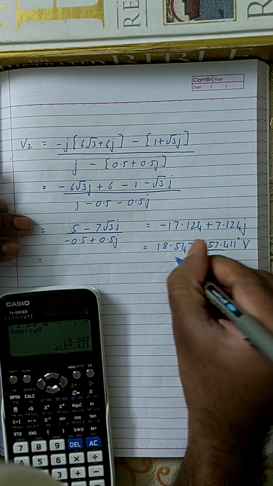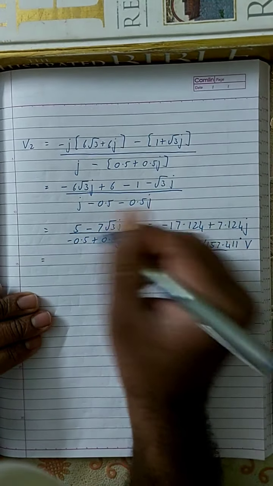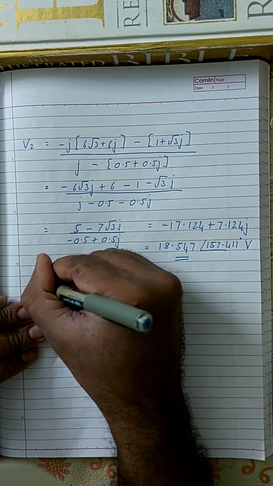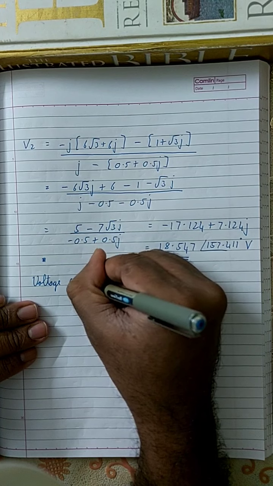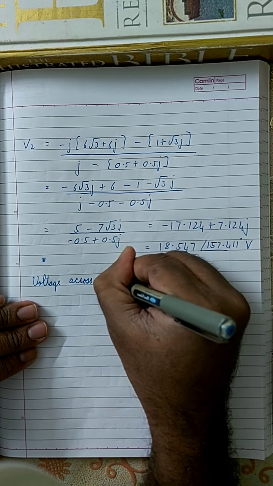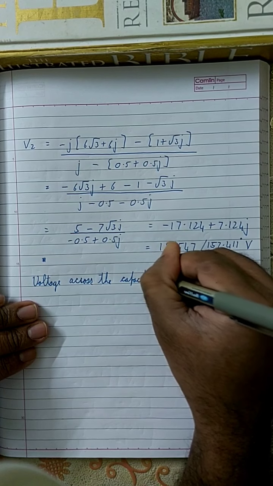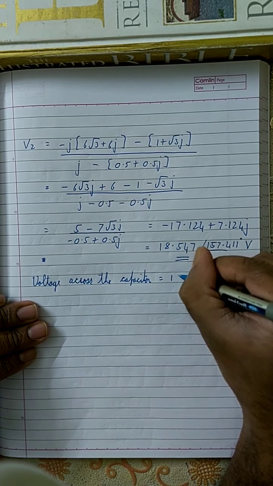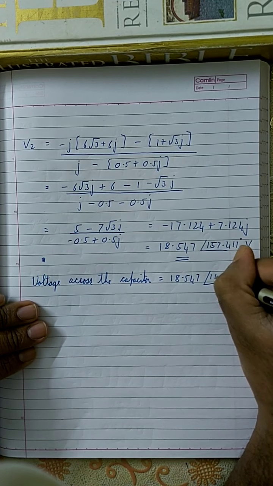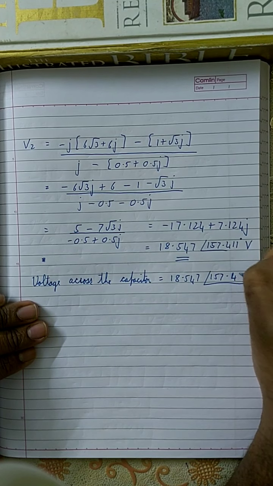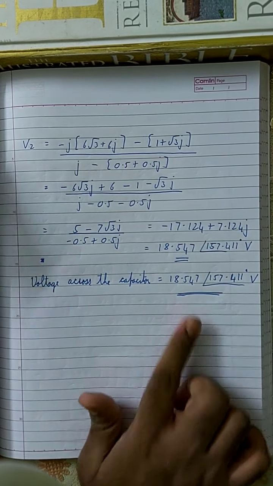This is the answer. So the voltage across the capacitor is equal to 18.547 angle 157.411 degrees volt. Okay, this is the final answer.